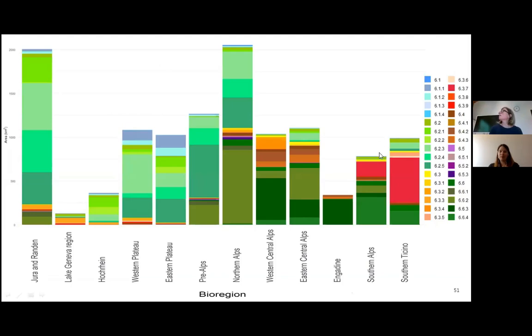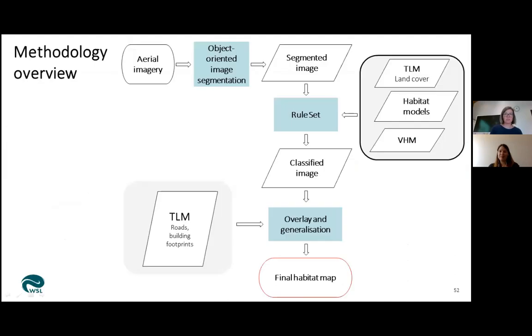The blue forest types are the wet forest types in floodplains, etc. The 6.2 is beech forests, 6.3 are other broadleaf forests, 6.4 are the dry forests, 6.5 is the Hochmoore, I've just forgotten the English word, sorry, and 6.6 is the mountain coniferous forest.